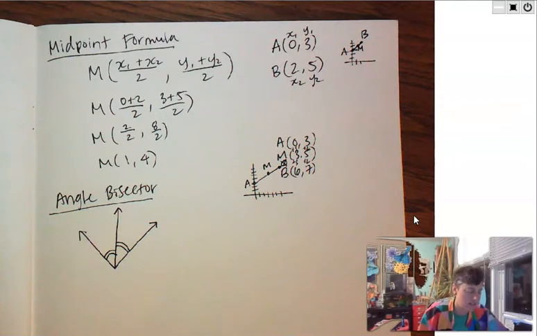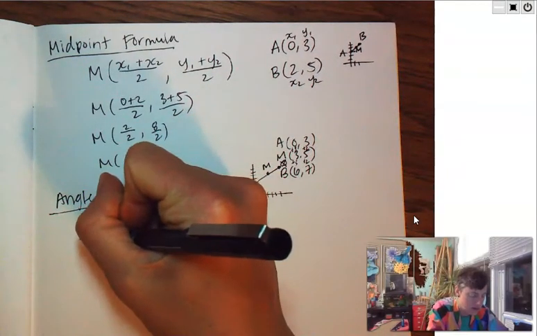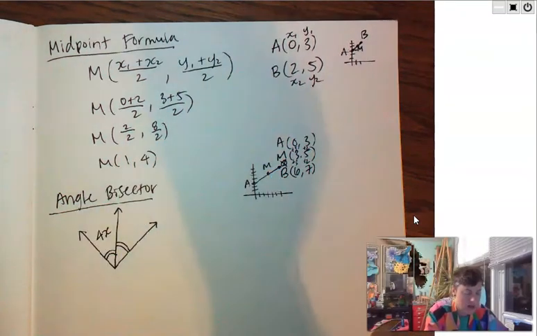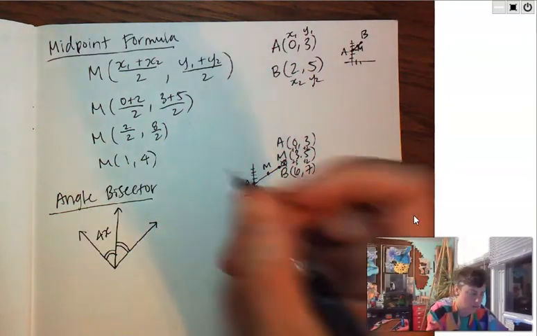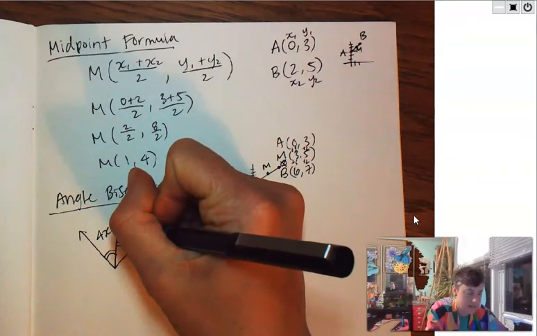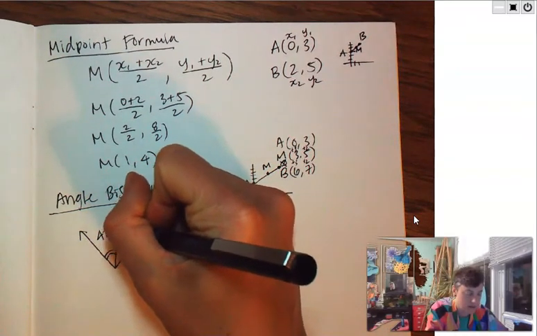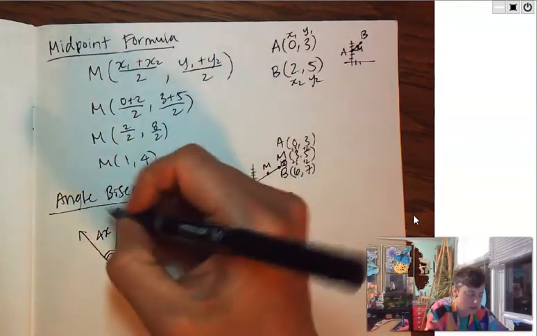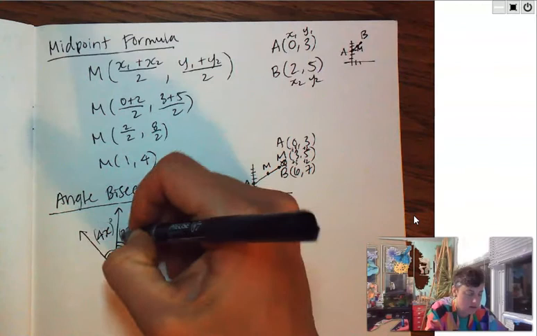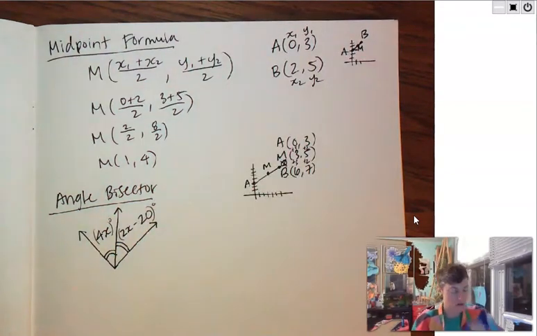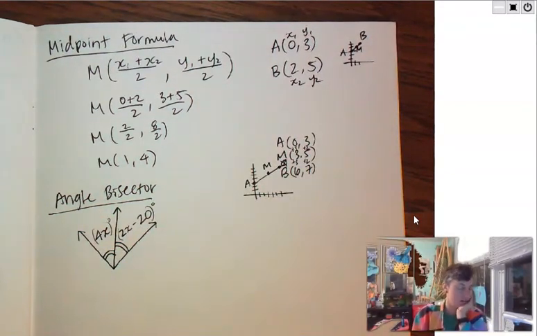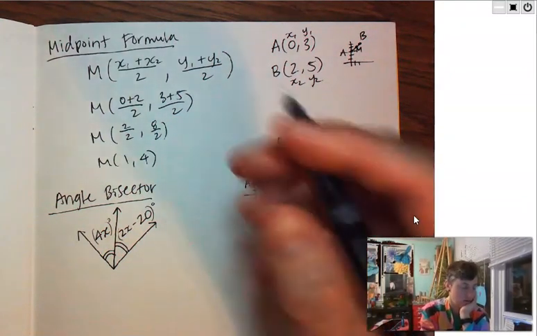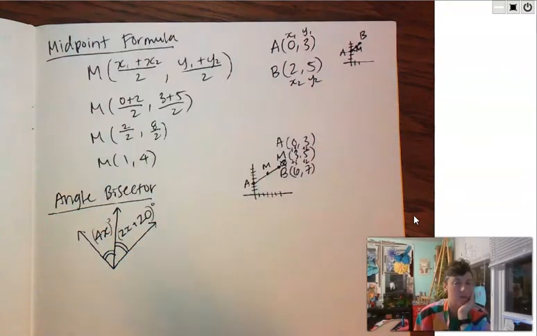So, if, for example, I knew this side was 4x, and I knew this side was, let's say, 2x plus 20.